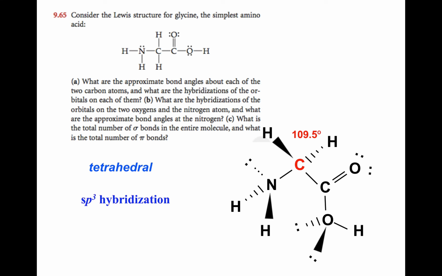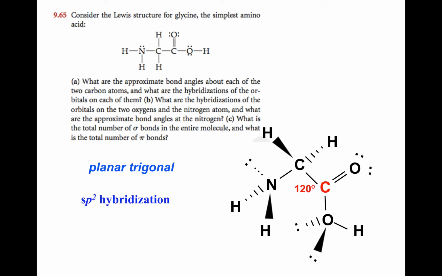Looking at carbon 2, I've got the double bond, so right off the bat, I've got to have an unhybridized p. Why don't you just go off of the geometry? It's a 120-degree bond angle, and 120 degrees is sp2 hybridization. Again, I need that unhybridized p for that pi bond, that double bond up there with the oxygen. So those are the carbons.